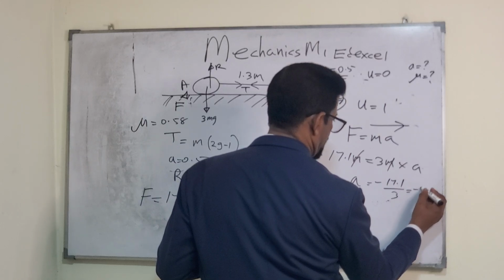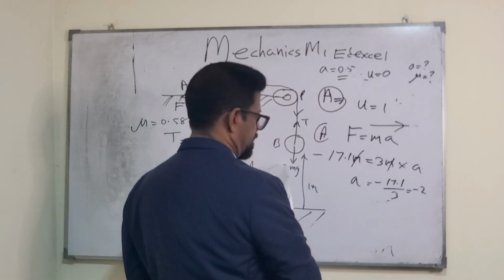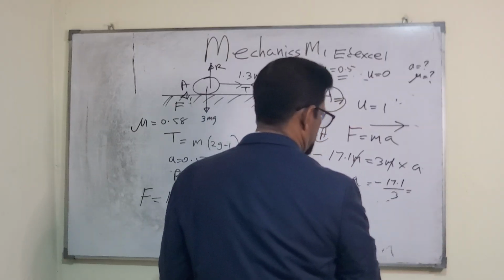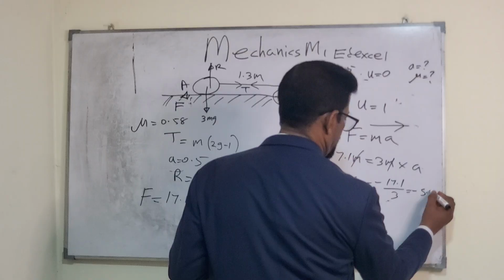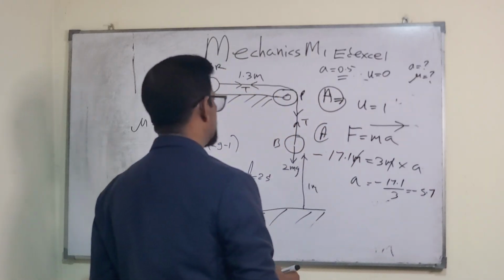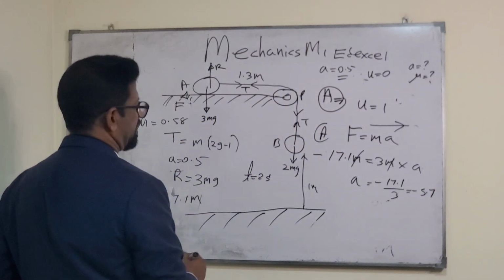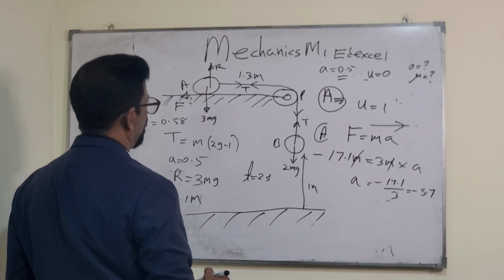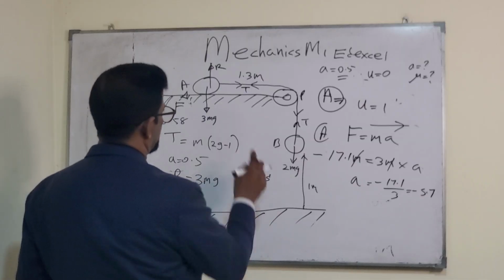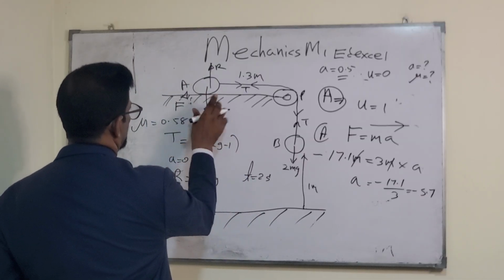So that should be, sorry, 3 times 5, minus 5.7 deceleration. This initial velocity 1, then we put V squared equals U squared plus 2as for that particle.